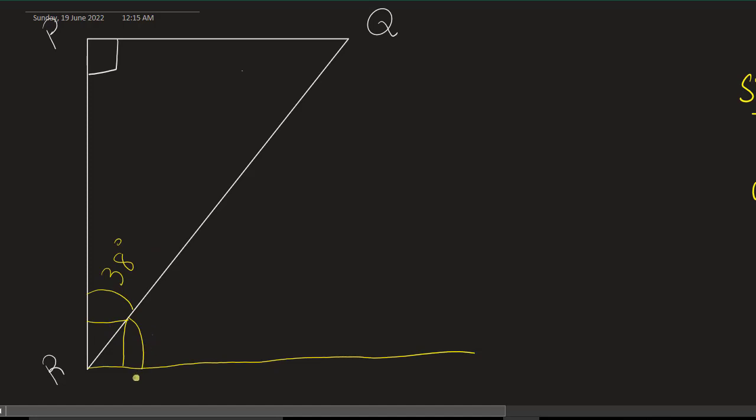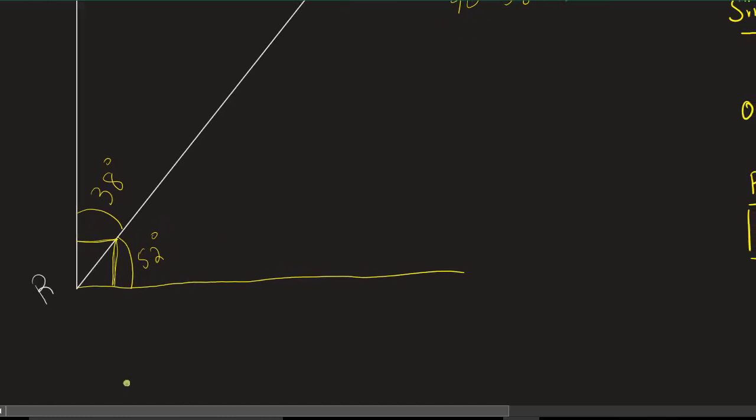How? Because the full angle is 90, and if this one is 38, then 90 minus 38 is equal to 52. So this is going to be 52. Got it?